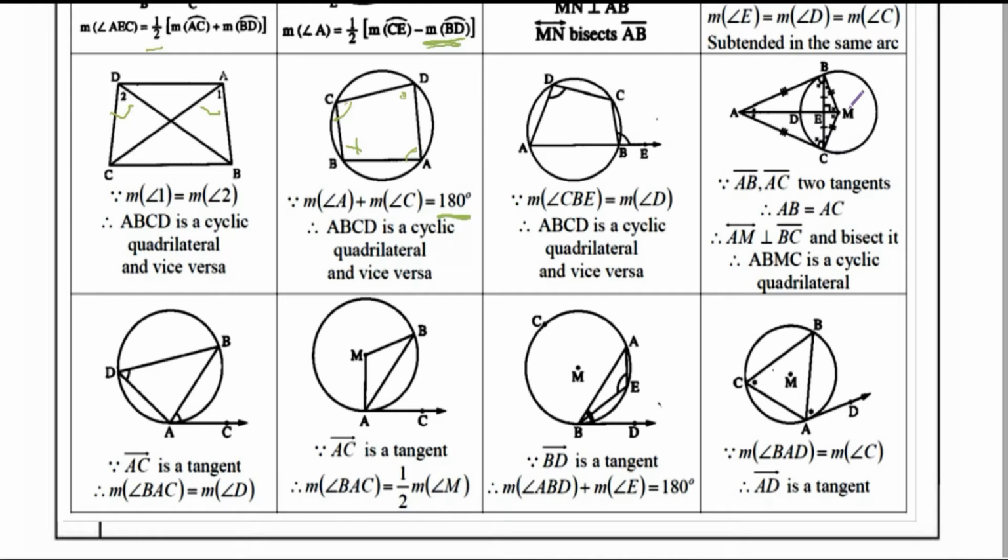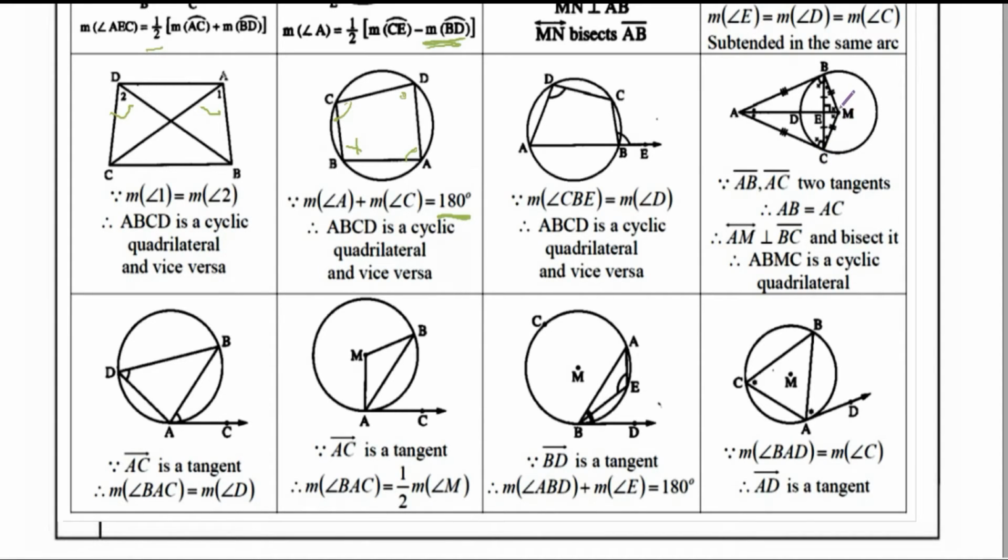If you have two tangent segments like AB and AC, therefore the length of AB equals the length of AC. If you join MB as a radius and MC another radius, what do you deduce?